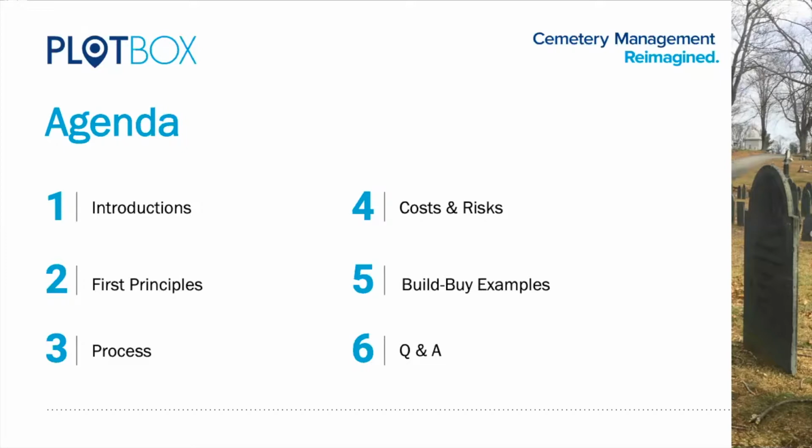So first thing I'm going to discuss is some first principles. What are some of the foundational things that we have to really consider when we're looking at a build or buy or any kind of software decision. From there, I'll go right into process and talk about the process of actually analyzing and going through this determination. We'll look in depth at costs and risks and try to balance those out. And then I'll go right into some build and buy examples.